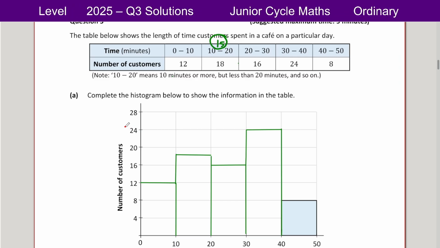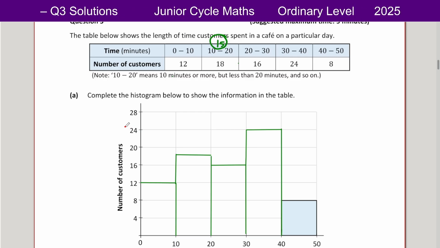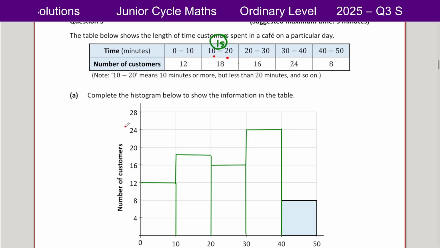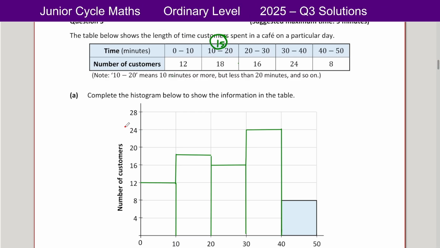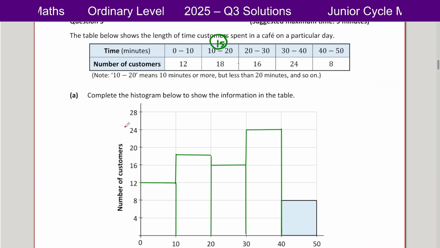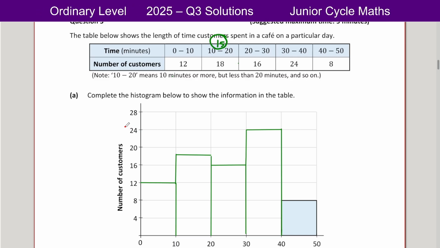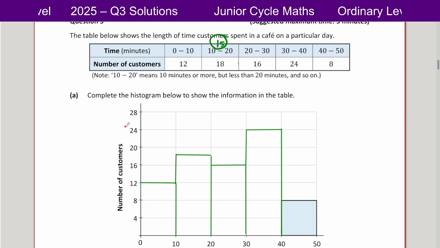We know the total length of the interval is from 10 to 20 minutes, but we are not sure of the exact time. They could have spent 12 minutes, 13 minutes, or even 15 minutes, or some people spent maybe 12 minutes and the others spent maybe around 18 minutes, and so on.